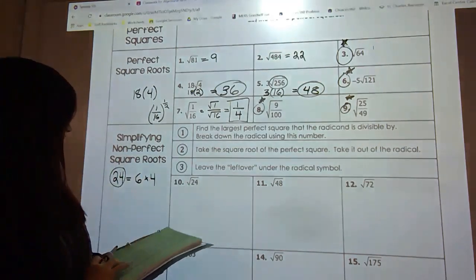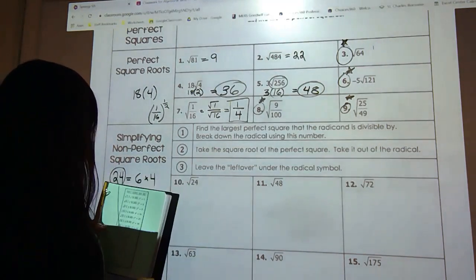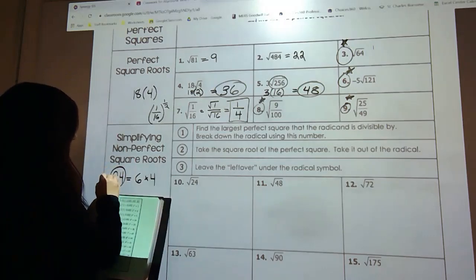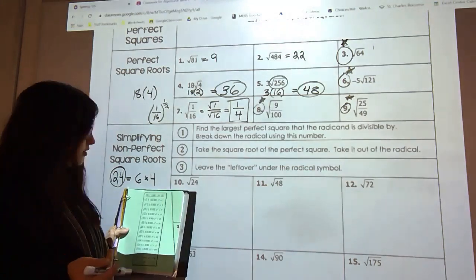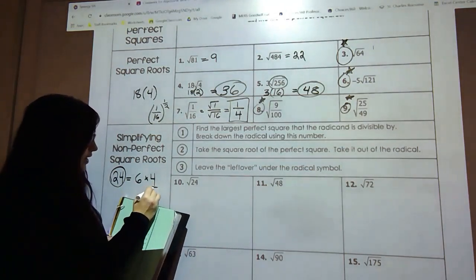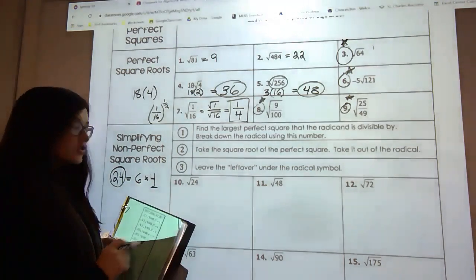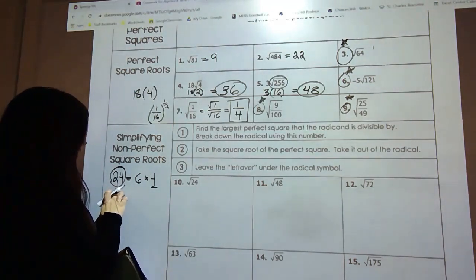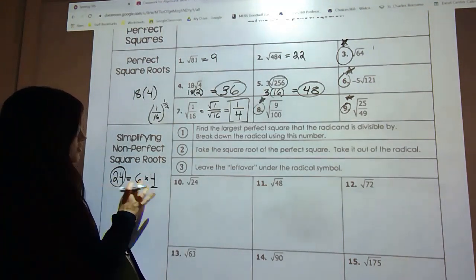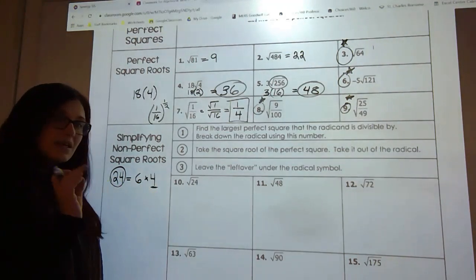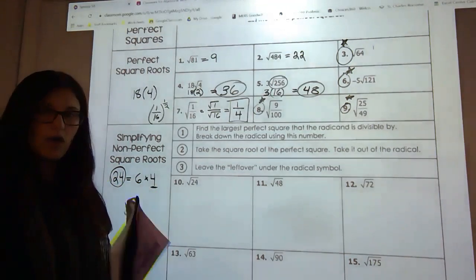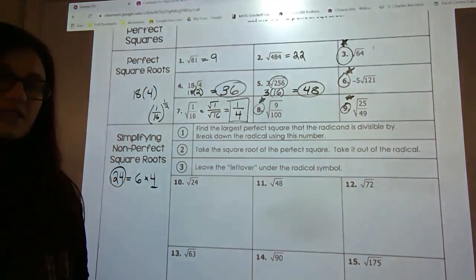And I want to say to myself, can I rewrite 24 as a multiplication of a perfect square? Well, 4 is a perfect square, right? So I successfully factored it so that one of my factors is a perfect square.